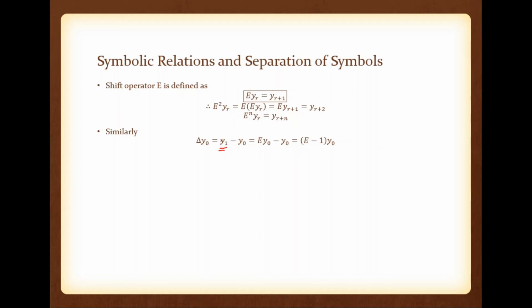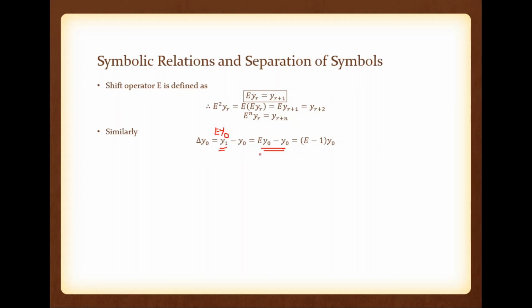So we can replace this Y1 with E Y0, because E Y0 means next data of Y0. So we can write delta Y0 is equal to Y1 minus Y0, equal to E Y0 minus Y0.